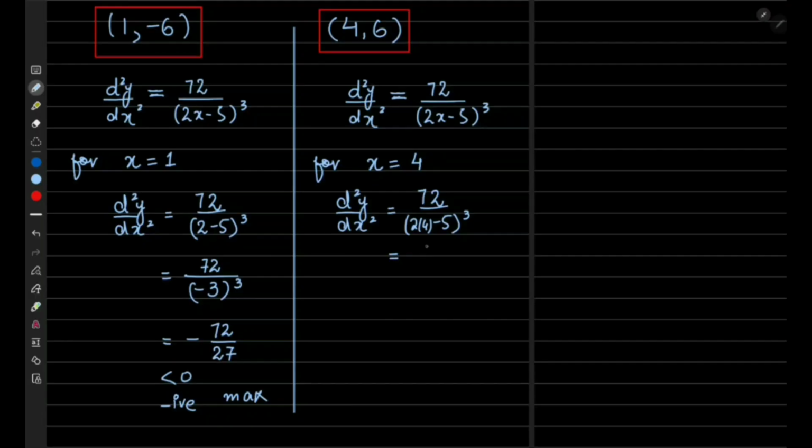So this becomes 72 over 8 minus 5 is 3, 3 cubed. 72 over 27, that is greater than 0, that is positive. That means we have a relative minima here.